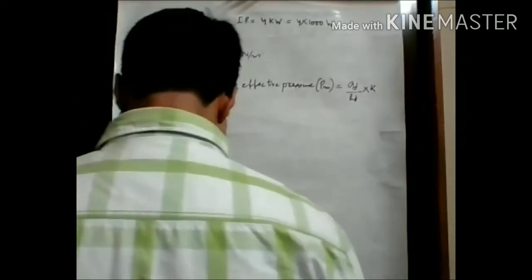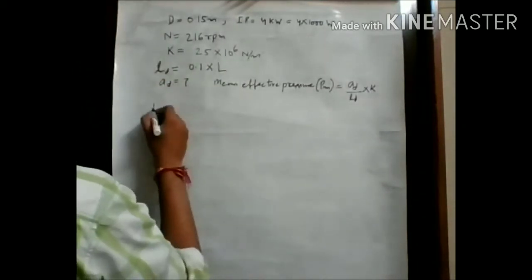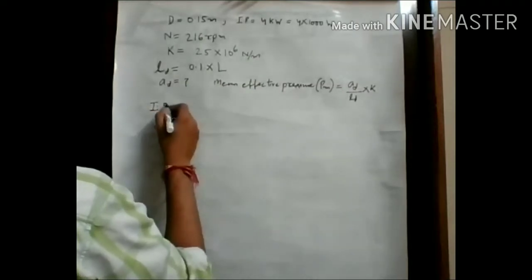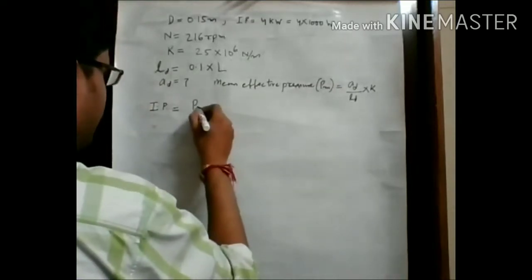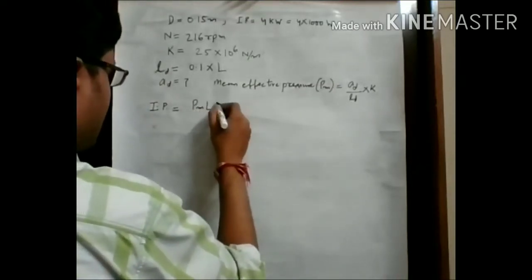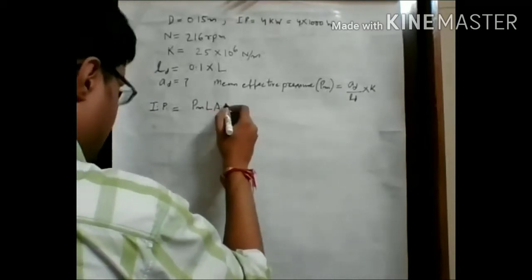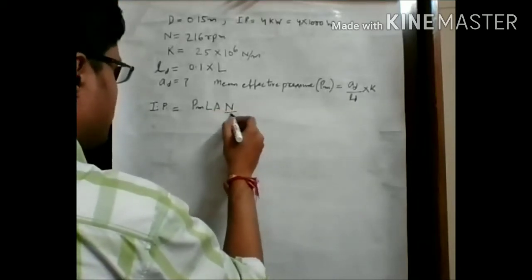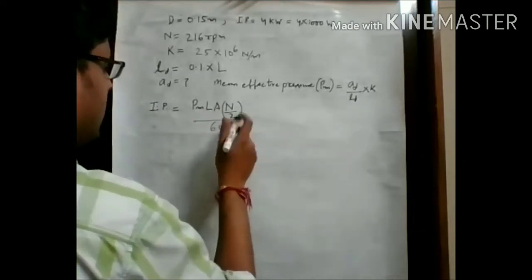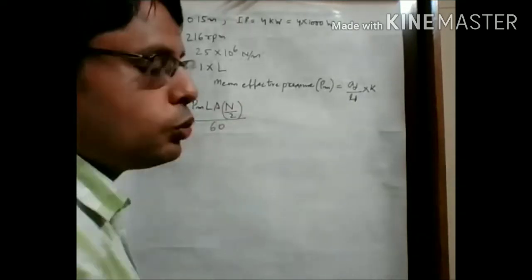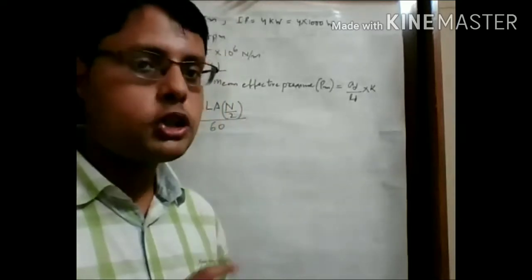And we know the indicating power expression, that is PM L A N upon 2 divided by 60. Here we are using N by 2 because this is a 4-stroke engine.